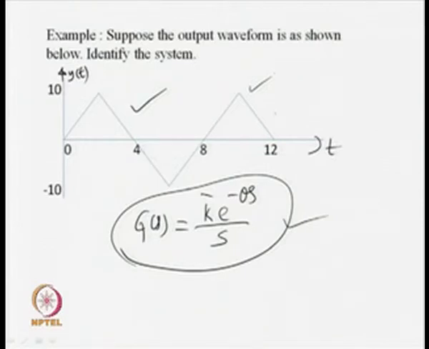This is the type of system output you get under relay control, because relay control ensures limit cycle output, or output with periodic oscillations.